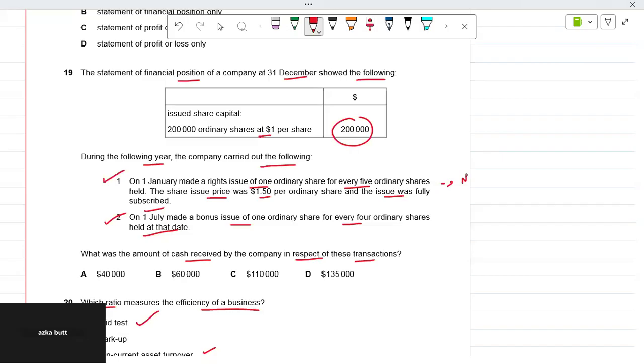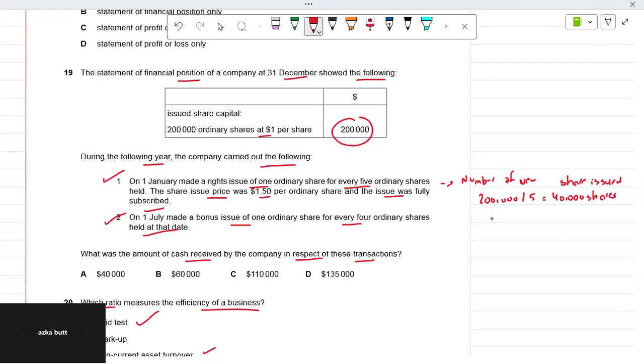So it means that the number of new shares issued is equal to 200,000 divided by 5, which is 40,000 shares. The issue price per share is 1.50.